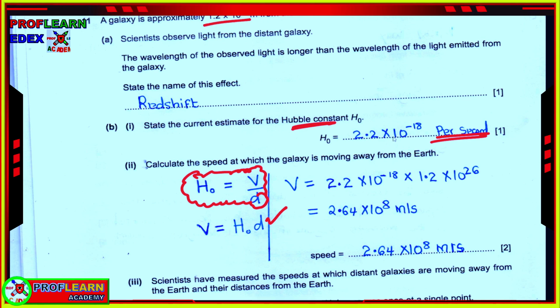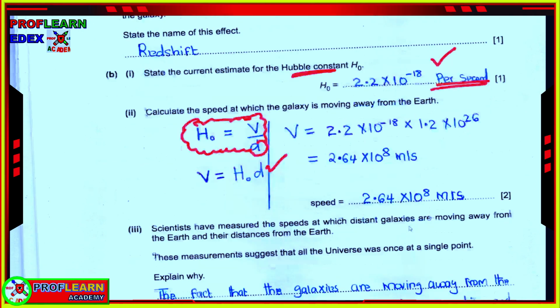Then we take the Hubble constant that we have written, 2.2 times 10 to the power negative 18, times the value we are given here, and that becomes 2.64 times 10 to the power 8 meters per second. This is the speed at which the galaxy is moving away from the Earth.